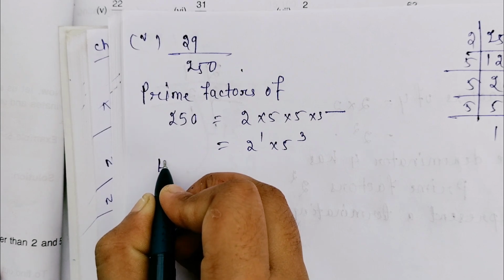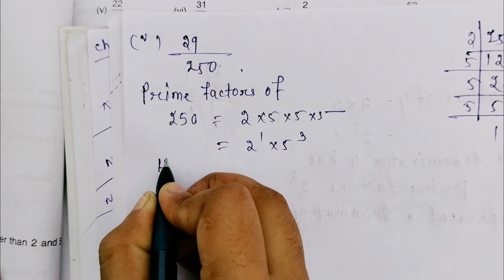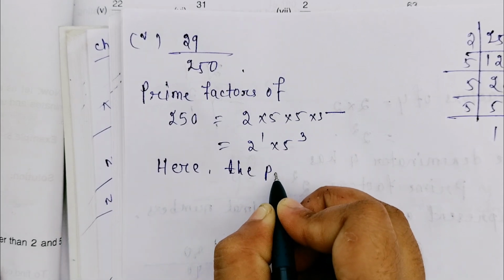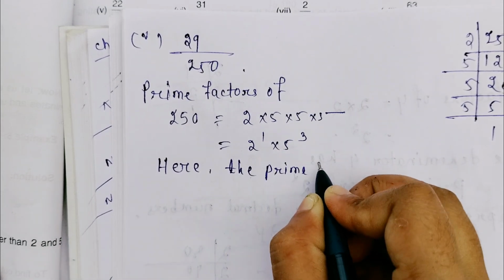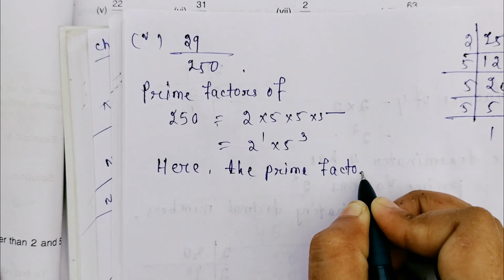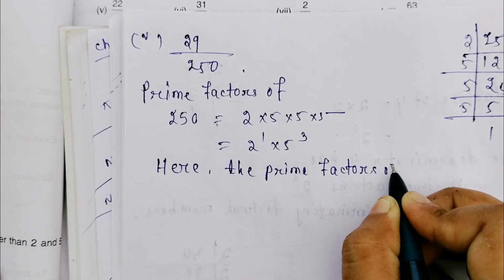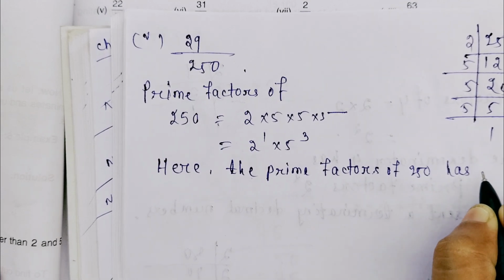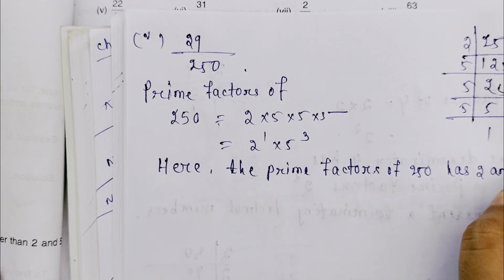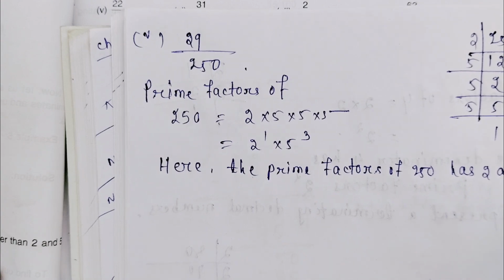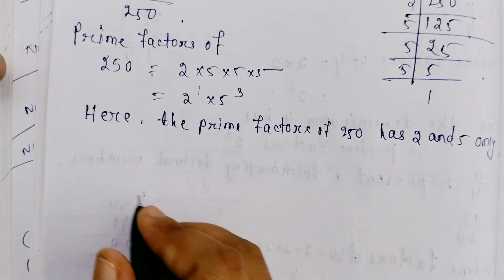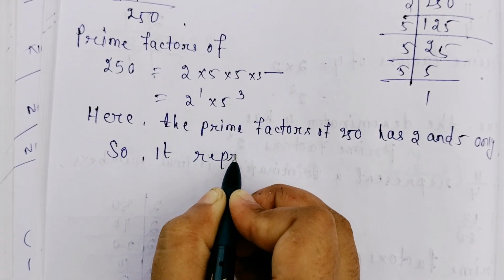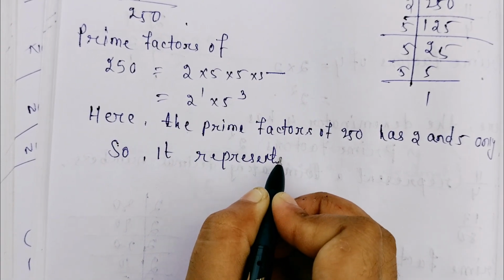Here the prime factors of 250 are 2 and 5 only. So it represents a terminating decimal number.